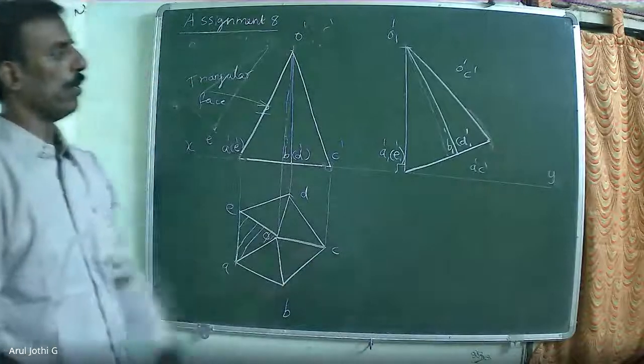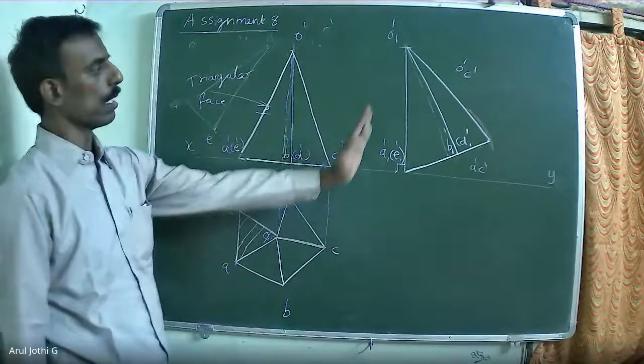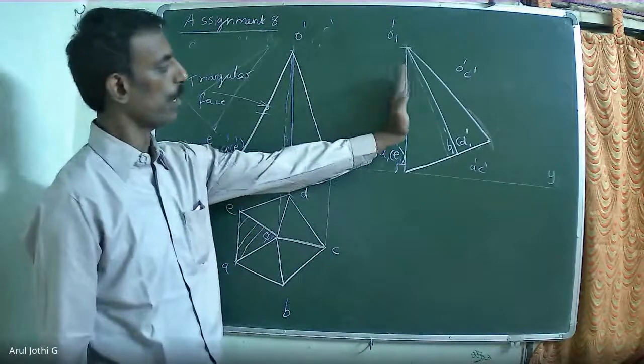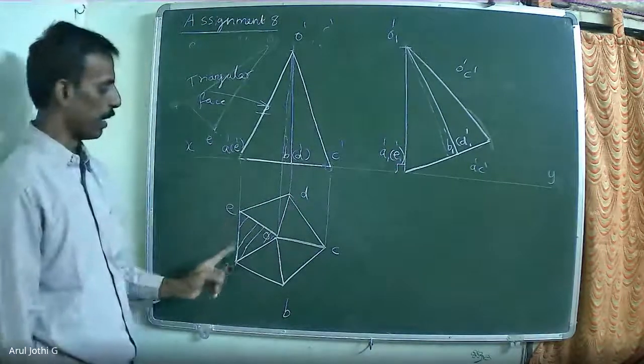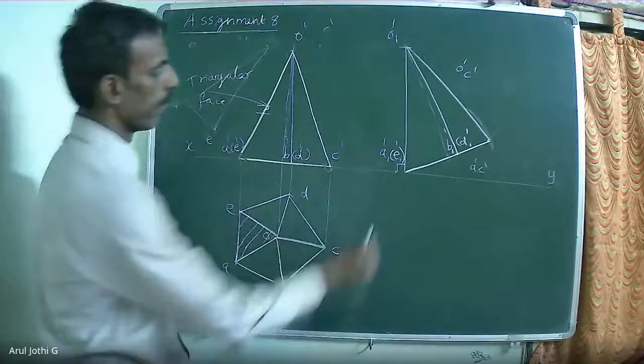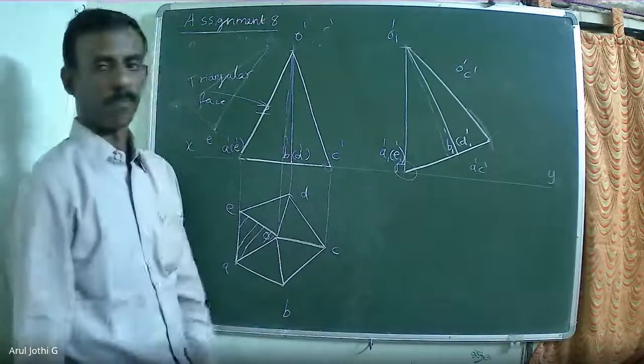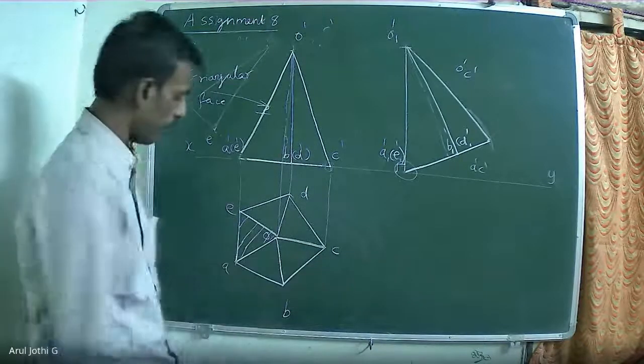Now we are going to draw the apparent top view. In this case, the triangular face is perpendicular to both HP and VP. One of the base sides, this base side AE, is resting on HP here. Now draw the apparent top view.